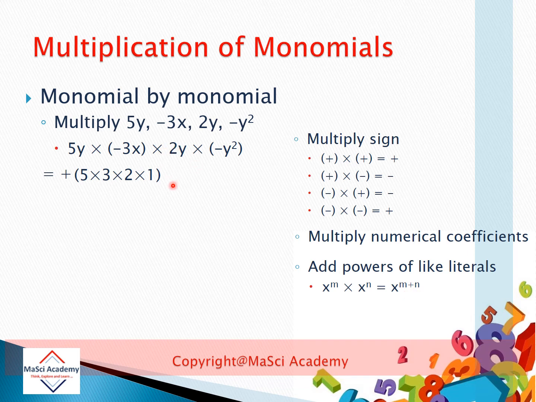So in this example, there is just one monomial that has x, so this will remain as x. But there are three monomials that have y, so the powers of y would be added in all the three monomials: y to the power 1 plus 1 plus 2. So the final answer would be plus 30x y to the power 4.